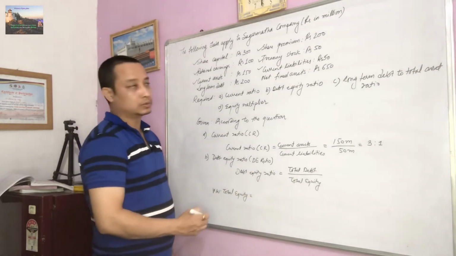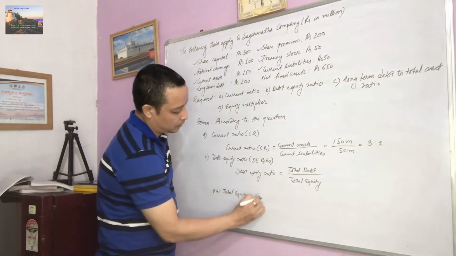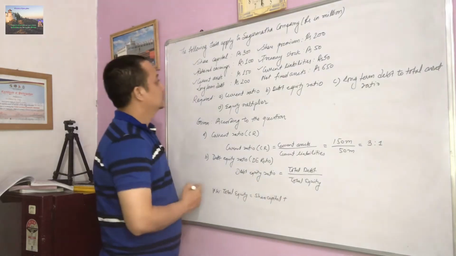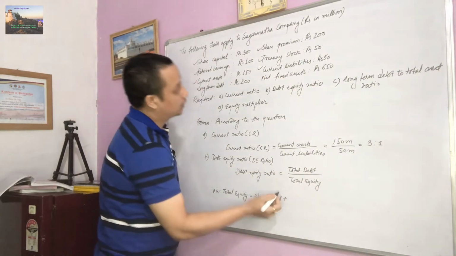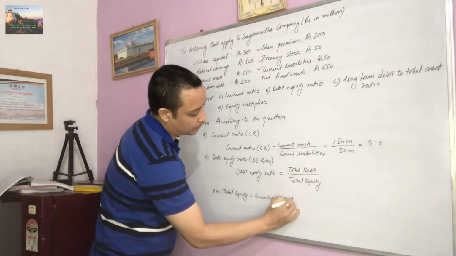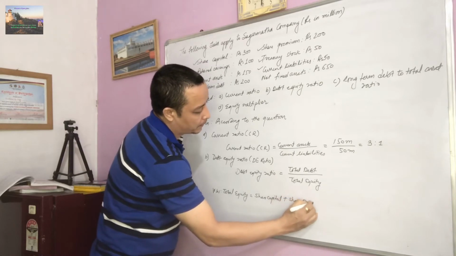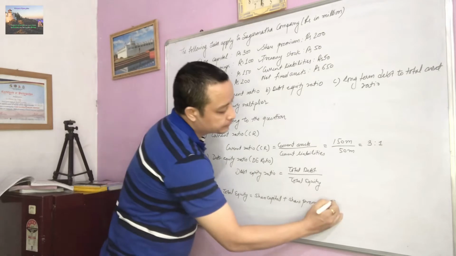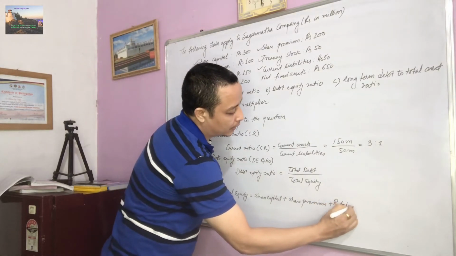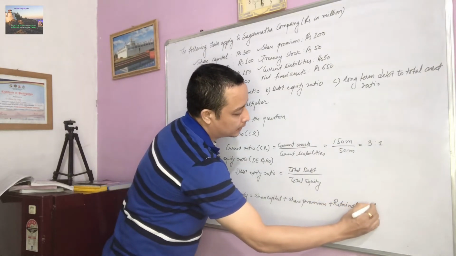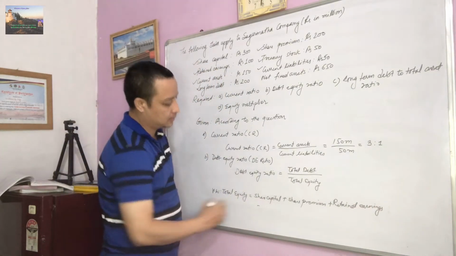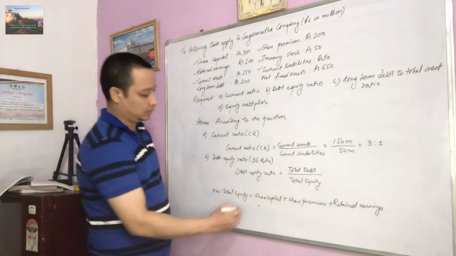Total equity equal to share capital plus share premium plus retained earnings minus treasury stock.